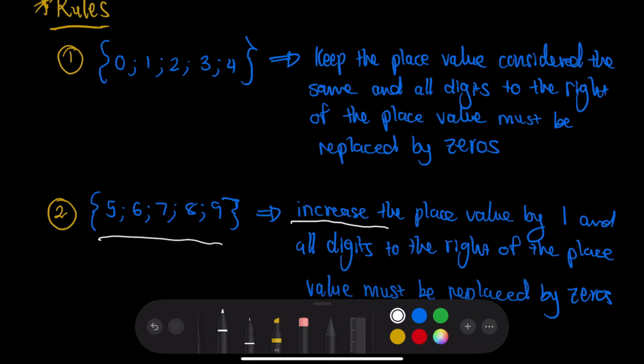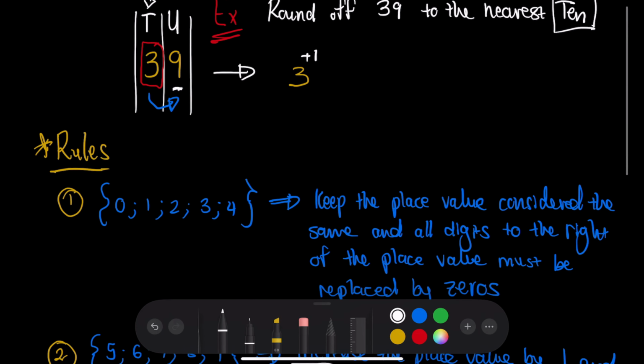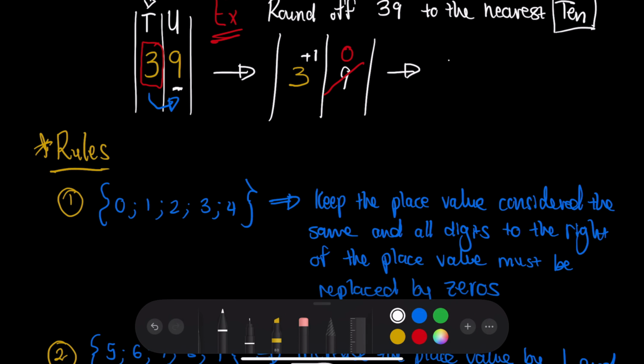I must increase that place value, which we highlighted here in red, by 1. Then the digit to the right, previously a 9, must be replaced by a 0. That gives us the value 40, and that's your answer.